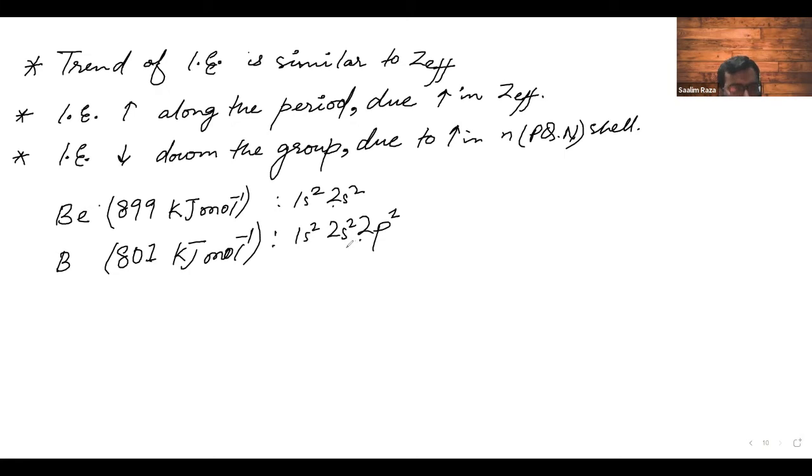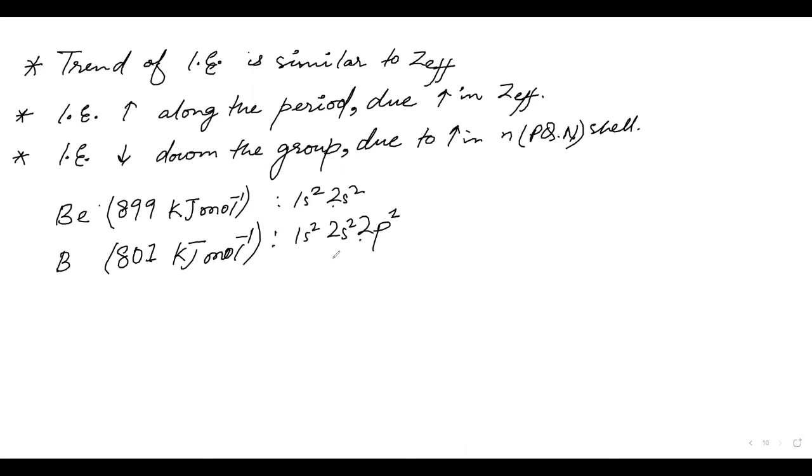From which subshell is it easier to remove an electron, from the s subshell or the p subshell? Which is more diffused, s or p? P is more diffused. So will p get more attraction or s? S will get more attraction. So where will it be difficult to remove the electron from?